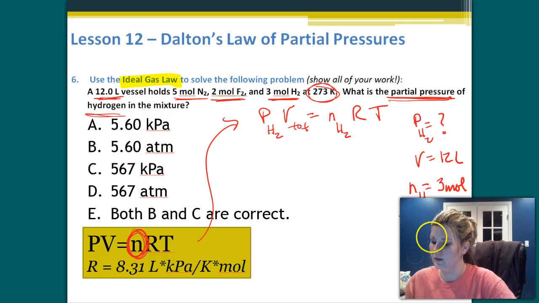And it doesn't matter which R we use, right? Because we're solving for pressure. Judging by the options I gave you, you can use both 8.31 or 0.082. Okay? Let's solve this.